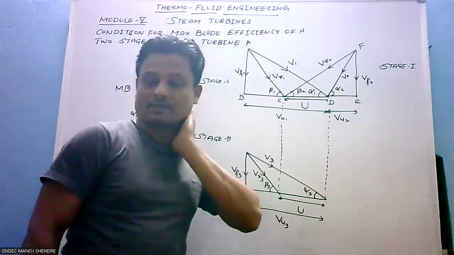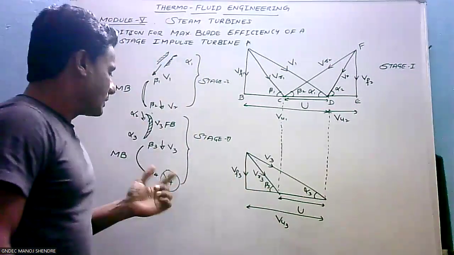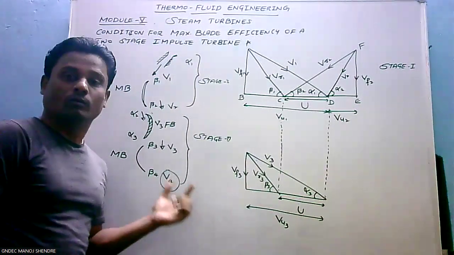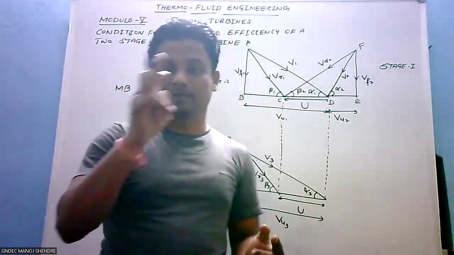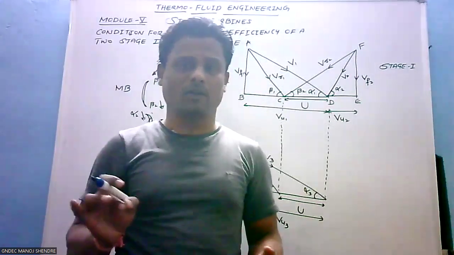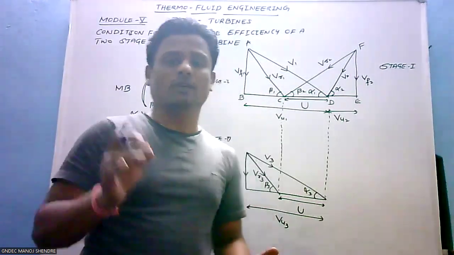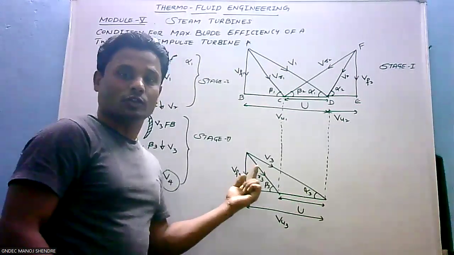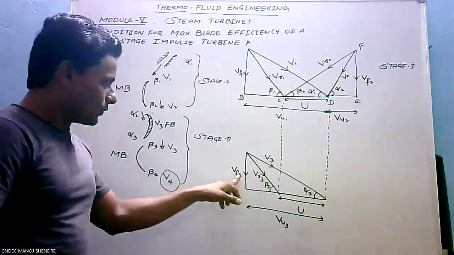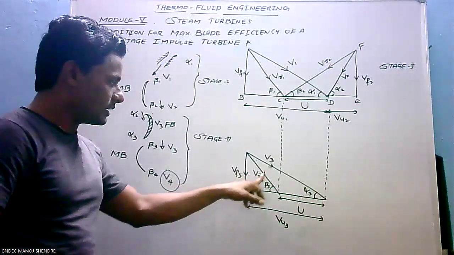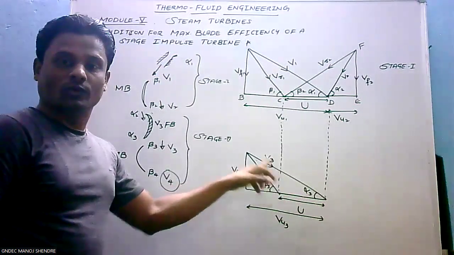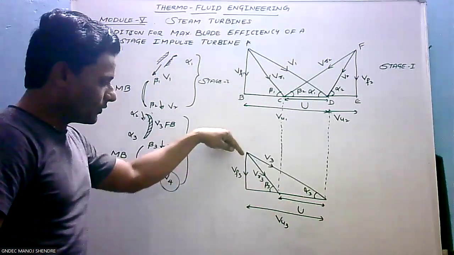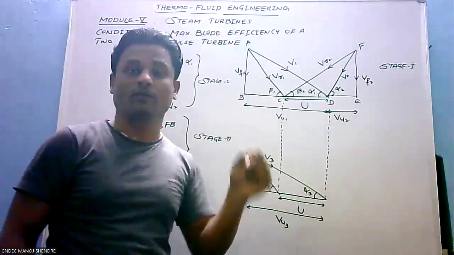As we already discussed, the velocity of steam coming out from the last set of moving blades experiences the minimum, least velocity. When will the velocity be minimum? When it is vertical. So if you observe VF3 and V3, which one is minimum? The magnitude of VF3 is minimum because it is perfectly vertical.